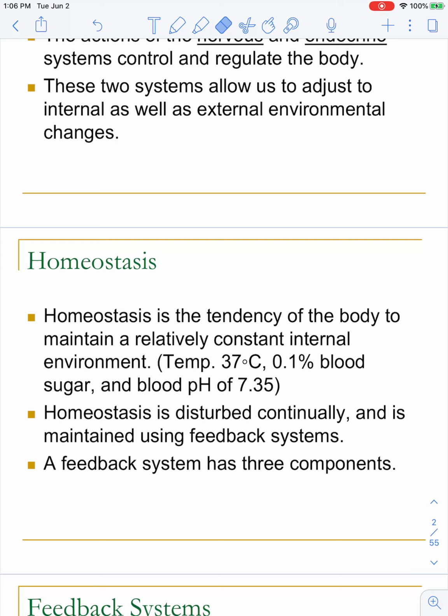Homeostasis is disturbed continually and is maintained using feedback systems. So this is always being disturbed. Obviously, the temperatures around us are constantly fluctuating. We have very acidic diets, so we're constantly messing with our pH by eating acidic foods. And obviously, we're messing with our blood sugar.